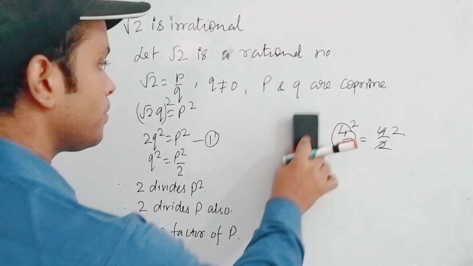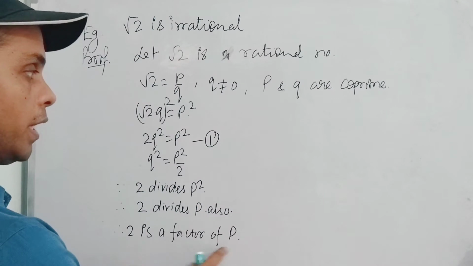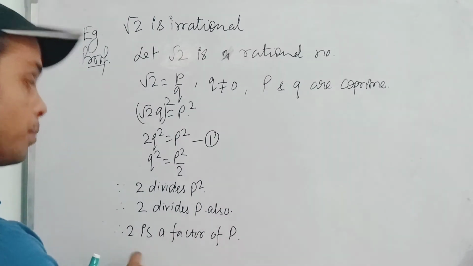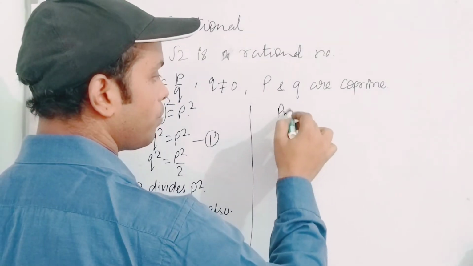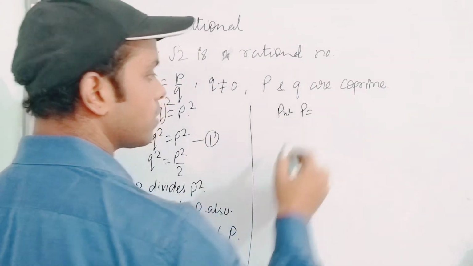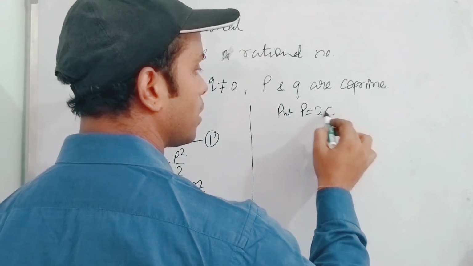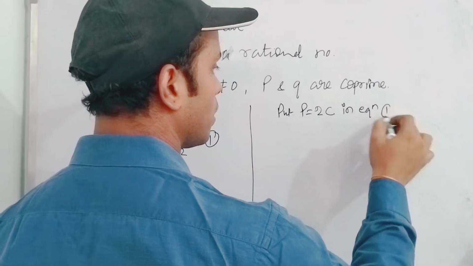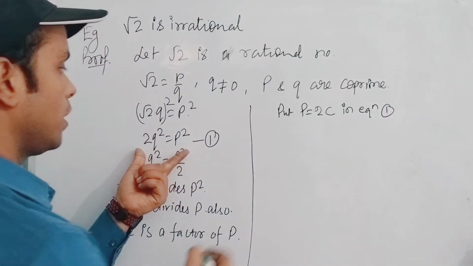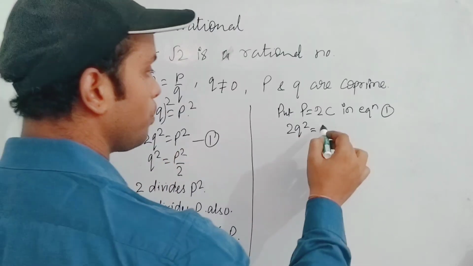Look how to prove. If 2 is a factor of p, that means p is a multiple of 2. So put p equals 2c, any number like 2c, in equation number 1. If you put that there, then you obtain 2q square equals p square.